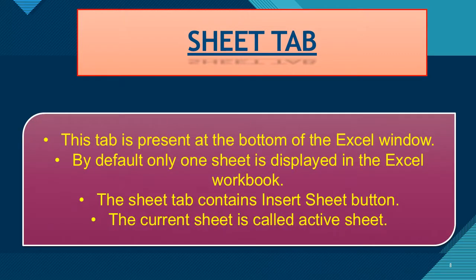Sheet tab is present at the bottom of the Excel window. In Excel, by default, only one sheet is displayed in the workbook. The Sheet tab contains the Insert Sheet button, using which you can insert a new worksheet in your Excel document. The current sheet in which you are working is called as the active sheet.